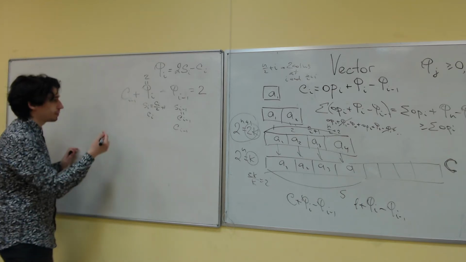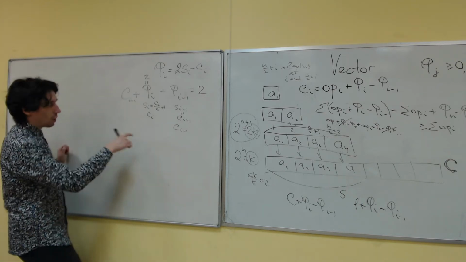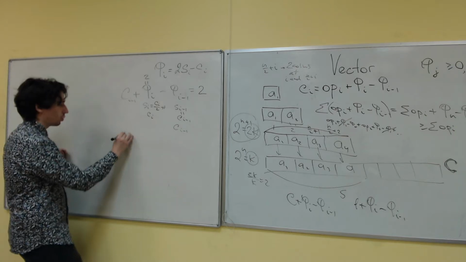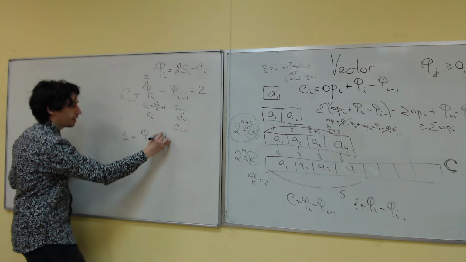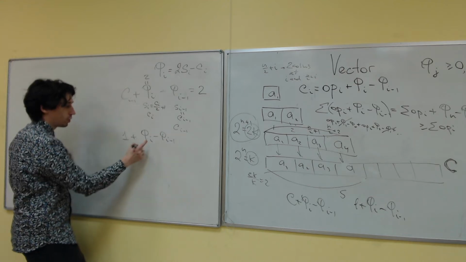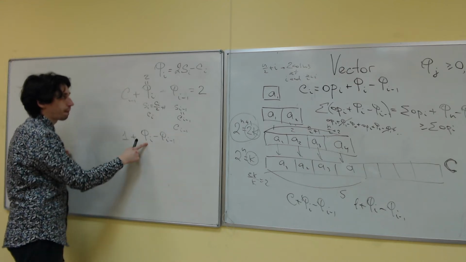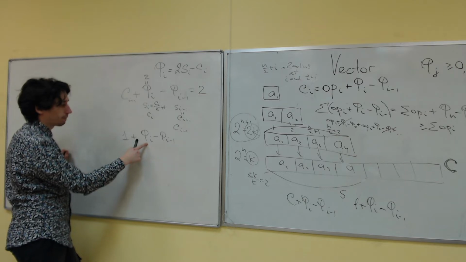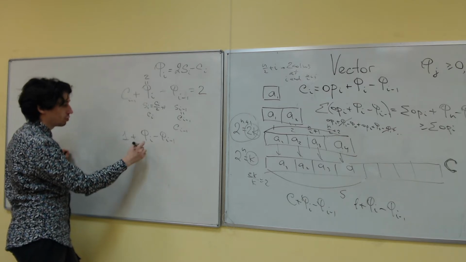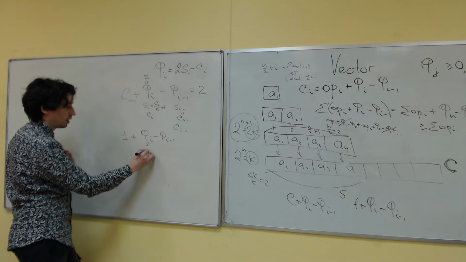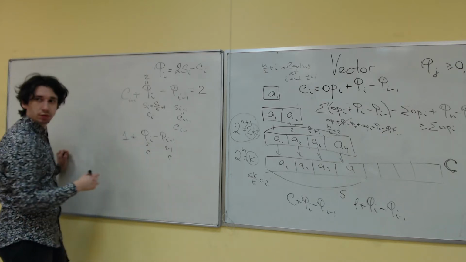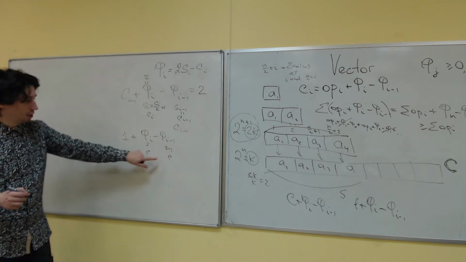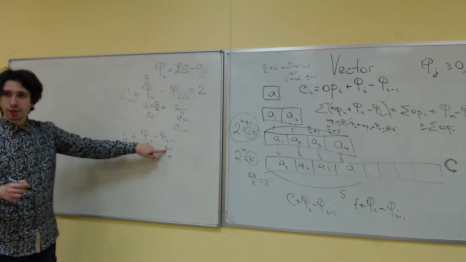So let us look at when we don't change anything. We have 1 plus Fi minus Fi minus 1. What will be here? It is S and C here, and S minus 1 and C there, because the capacity is the same, but the sizes are different.